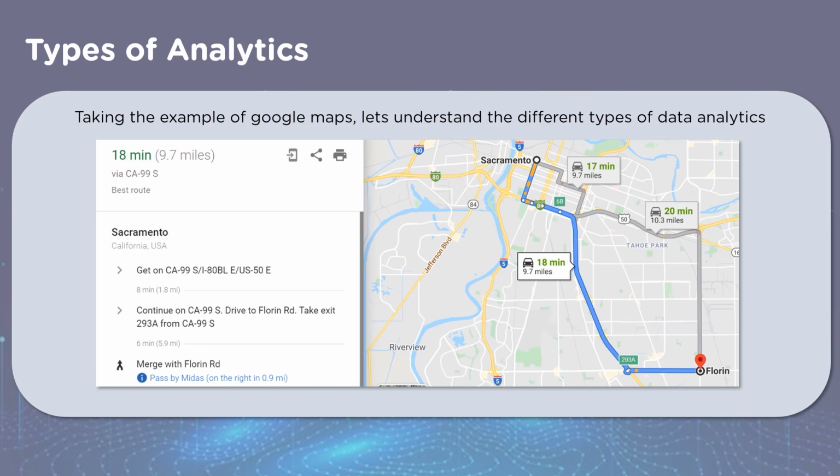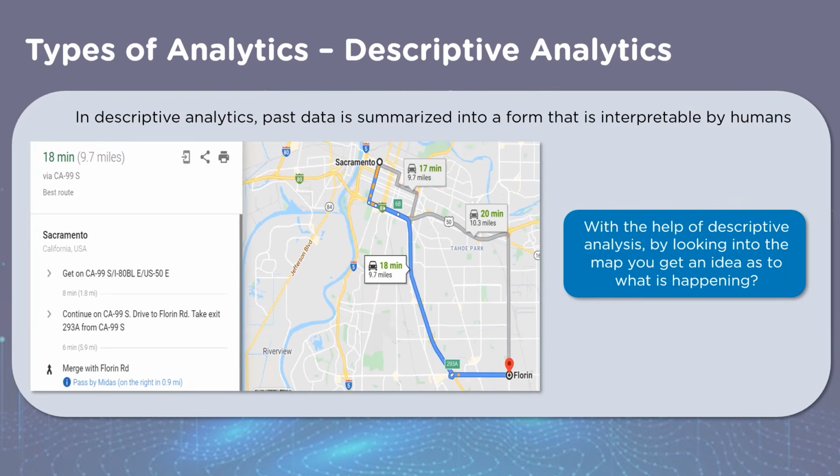Now let us understand what descriptive analytics is and why we focus on this particular map example. As we understand the route map, the estimated duration as well as the distance to travel via the blue color route as well as the gray color route.